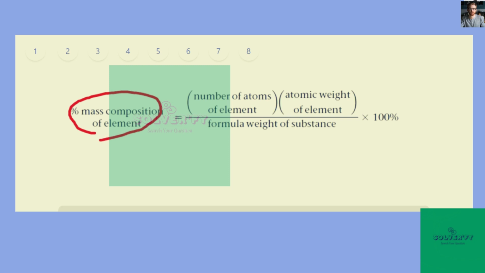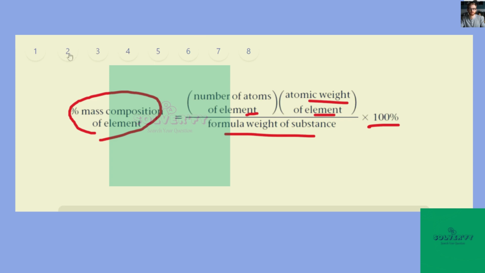The mass percentage of an element in a compound is the number of atoms of that element present in that compound times the atomic weight of that element over the formula weight of the compound, and we multiply that by 100% to get the mass percentage of the element in that compound.